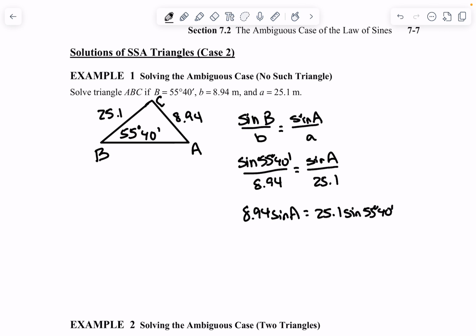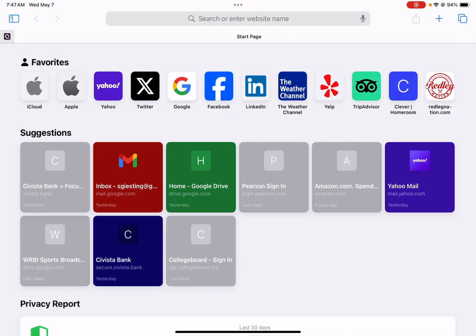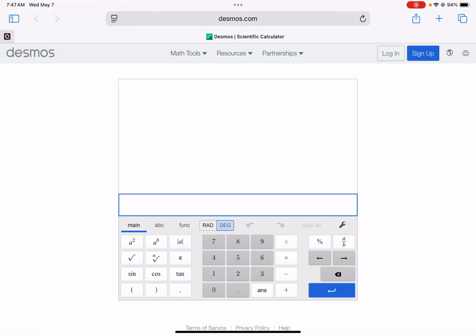Make sure your calculators are in degree mode, not radian mode, because you're working in triangles now. Let me pull up my Desmos here. Again, notice I'm in degrees, so 25.1 times the sine of 55 plus 40 divided by 60.